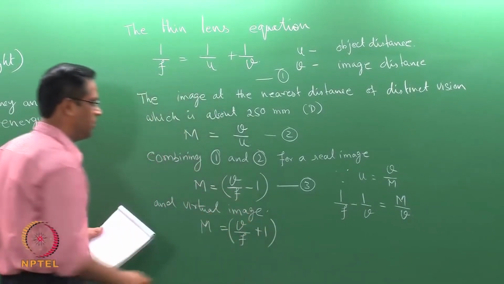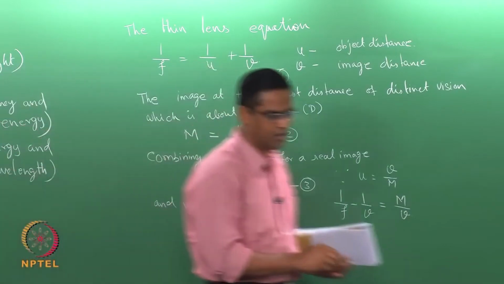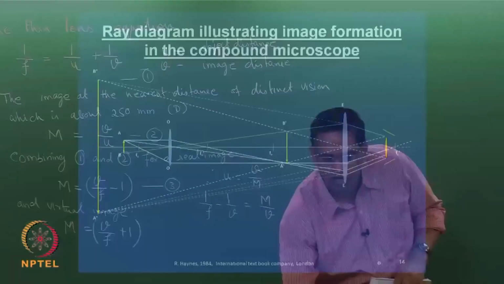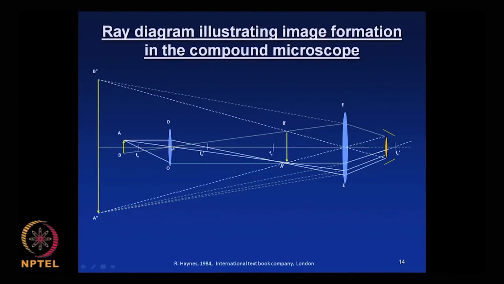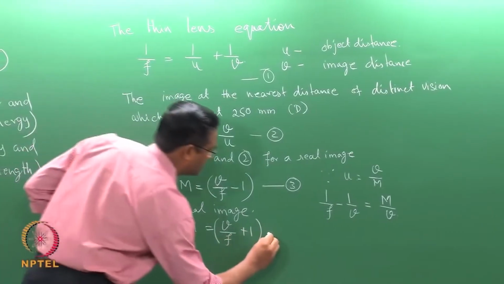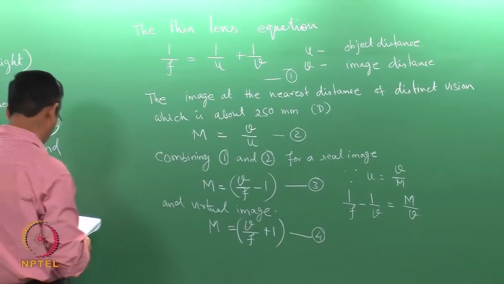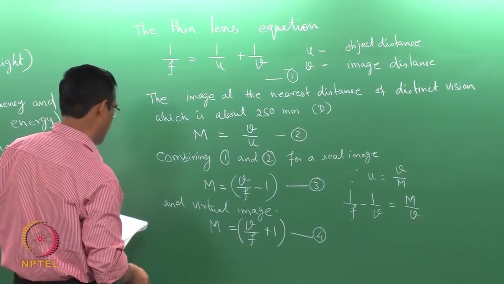The sign changes because if you look at this image, for the objective it is in one direction. Now we are talking about the eyepiece, so this is in the opposite direction. That is why the sign changes here. So this is for the virtual image which our eye sees. This is equation 4.